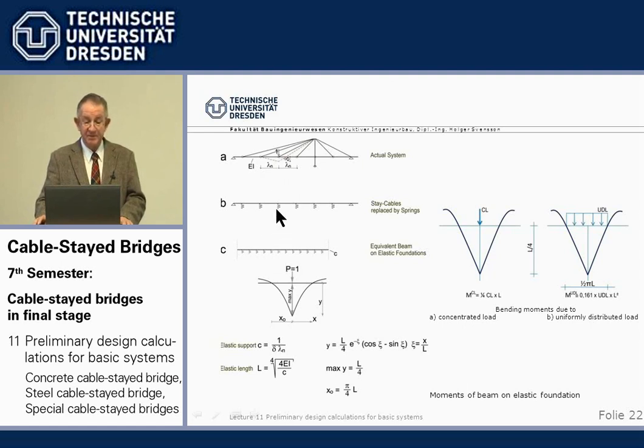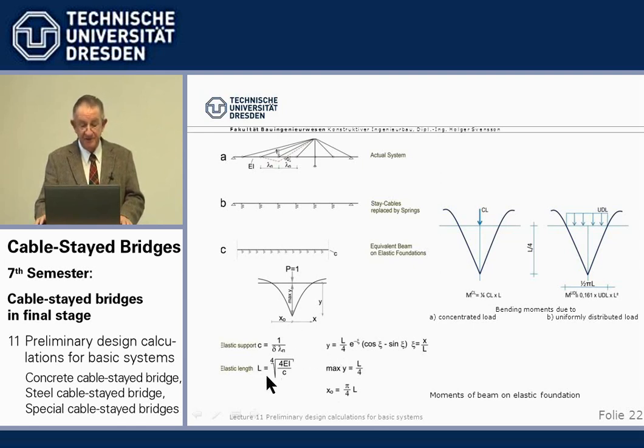And in the next step, we distribute the discrete springs continuously over the length. And then what do we have? We have a beam on elastic foundation. And thank God some wise guy calculated for us the moments for a beam on elastic foundations.